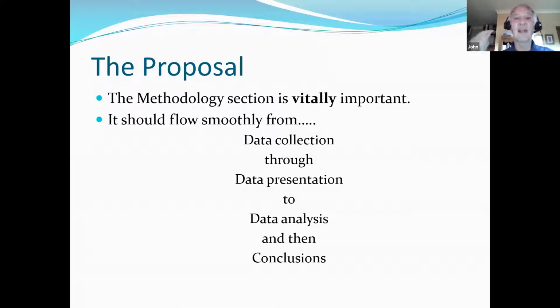So that when you go out to collect your data, you know how you're going to present it, and you know how much data you've got to get to present it. So you may be going to present it in terms of flow maps, or in terms of a table, or in terms of a graph or a series of graphs. So you know what data you're collecting and how you're going to present it, and then how you're going to analyze it.